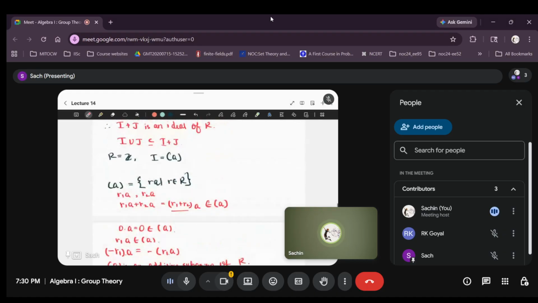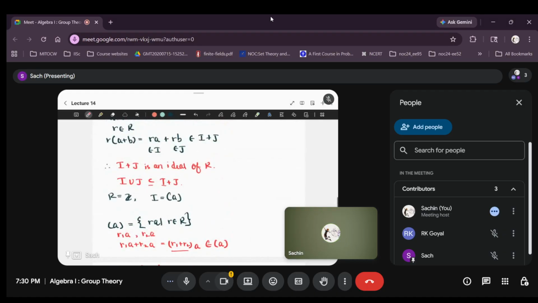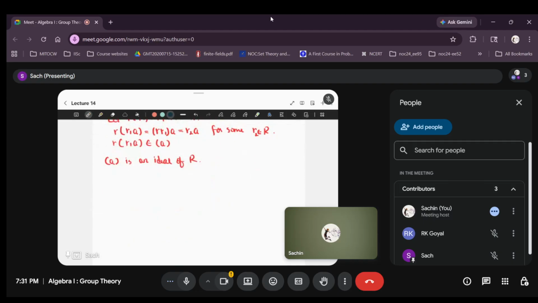So now coming back to the original thing, consider the ring of integers.